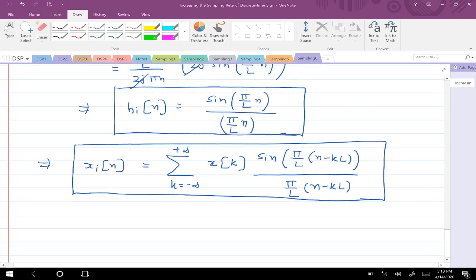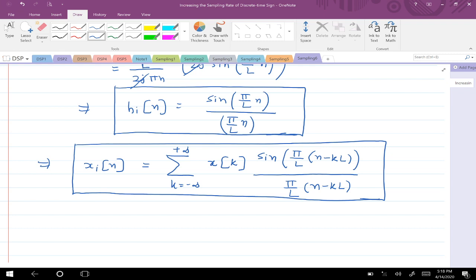Okay, by the way, also pay attention here that this original x of n, the values that are there, now those values will be placed at 0, L, 2L, 3L, 4L, and so on, integer multiples of L. And you notice here the sinc function properties which we discussed in the last class or the class before that.